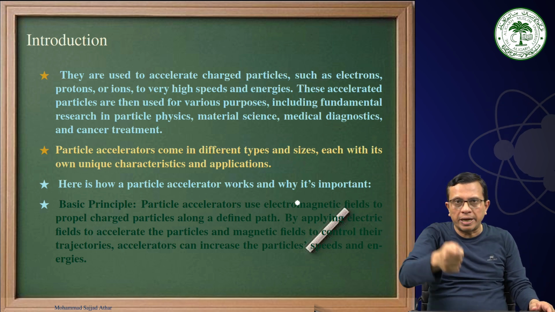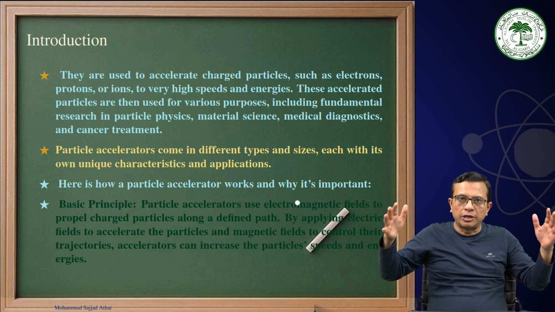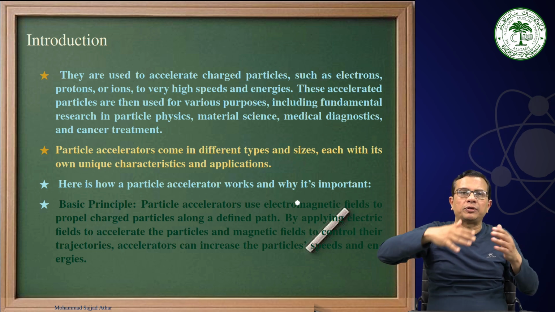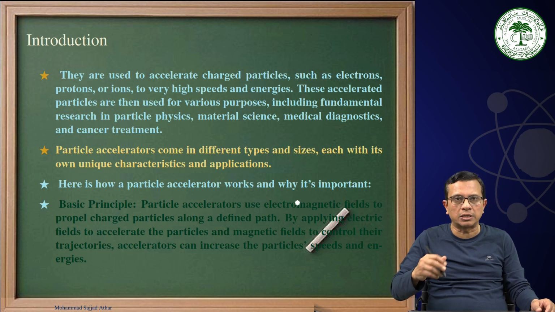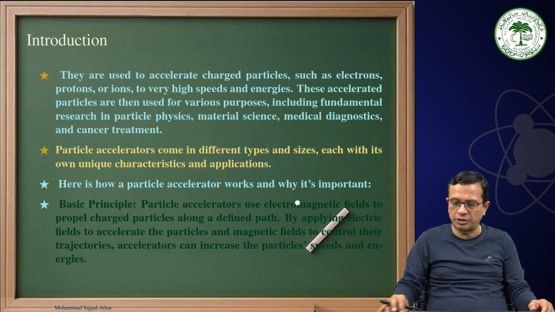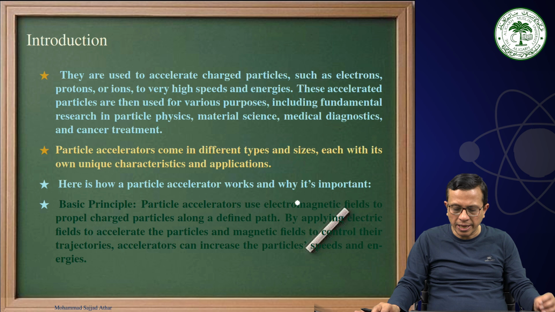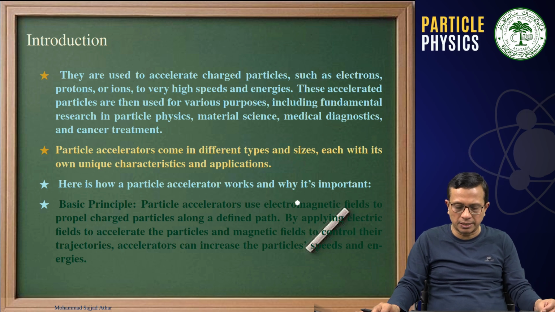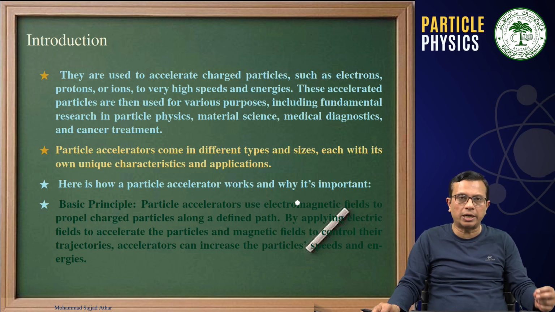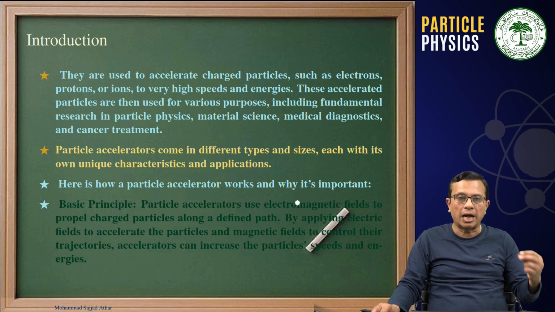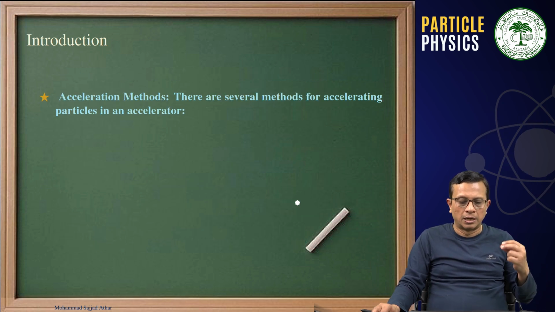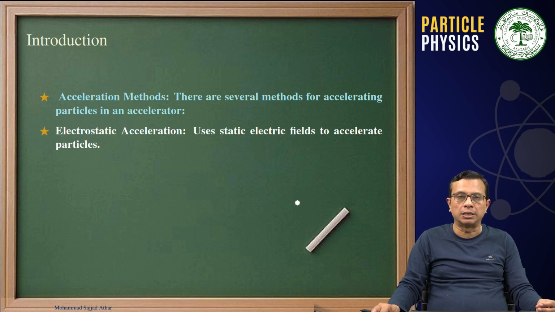Therefore, to collimate the charged particles we use the magnetic field, and to accelerate them we use the electric field. We cross them through different potentials. By applying electric fields to accelerate the particles and magnetic fields to control their trajectories, accelerators can increase the particles' speeds and energies.